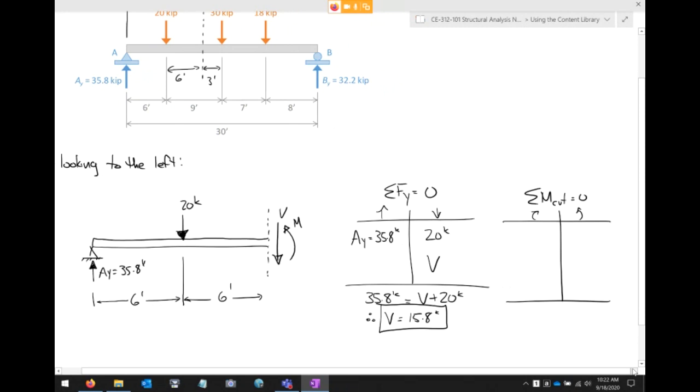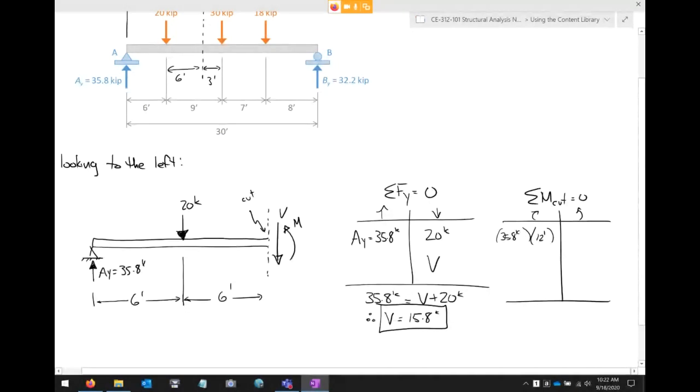Okay, so we've got 35.8, and I'm summing moments right here at the cut. The 35.8 generates a clockwise moment at the cut, and that moment arm from the cut is 12 feet.